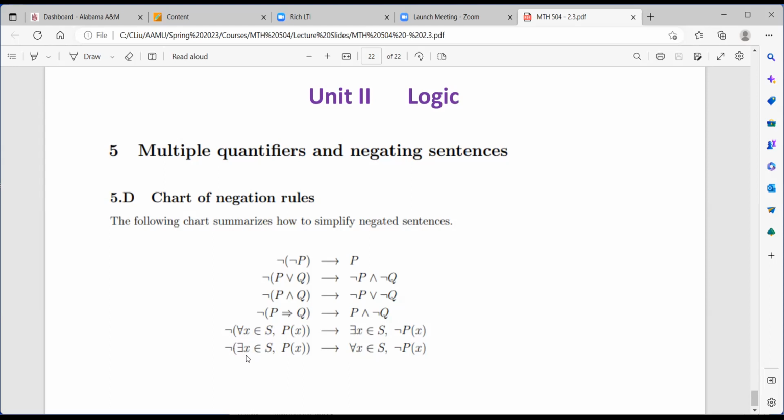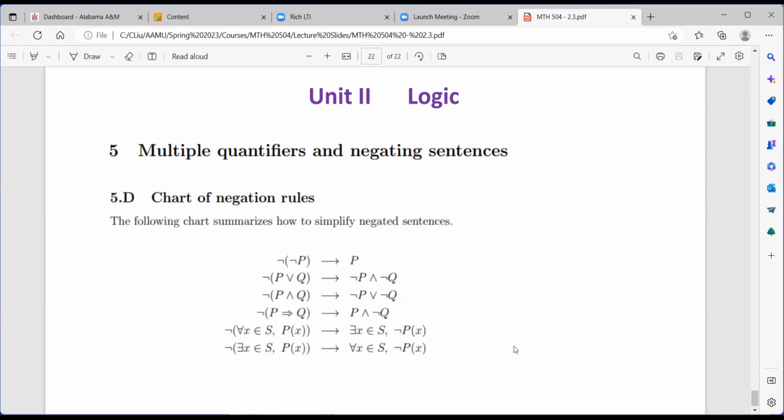Similarly, if we try to negate a statement with an existential quantifier with open sentence P, you're going to change the quantifier to universal quantifier and then negate the open statement also.